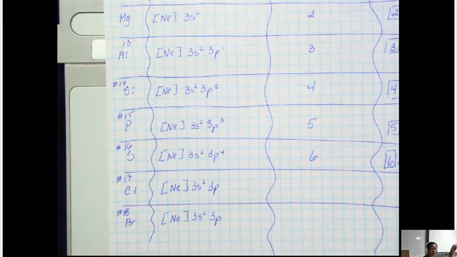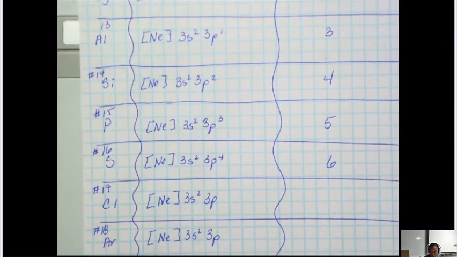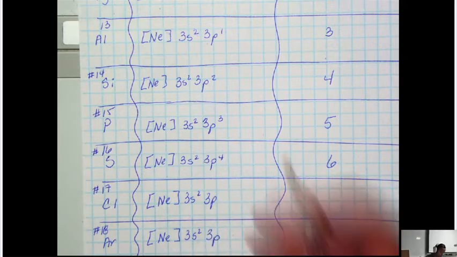So what is the chlorine going to end on? It's not a P4, it's 1 over to the right, so it's going to end in a what? Sulfur ended in P4, good. Chlorine will end in a P5.